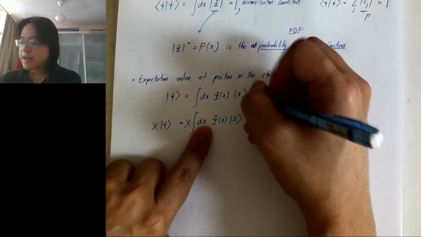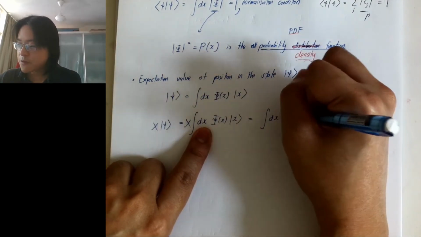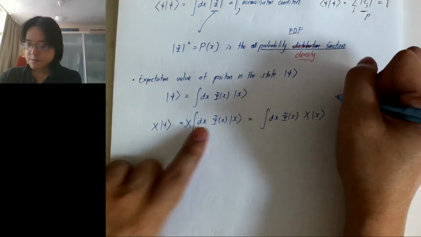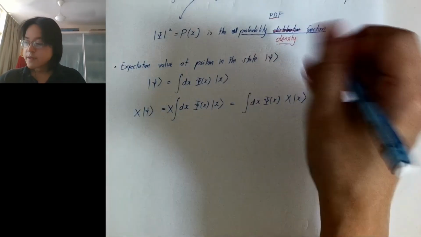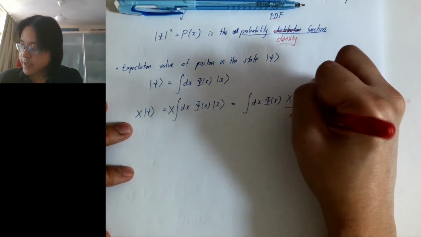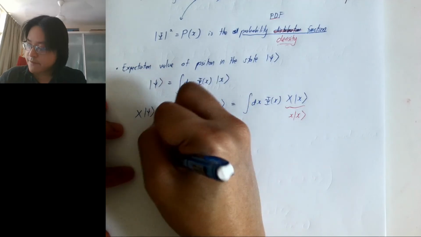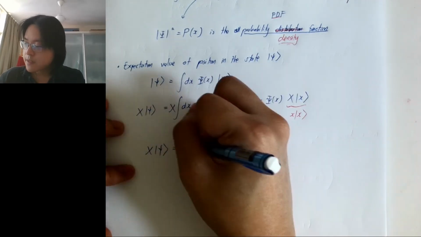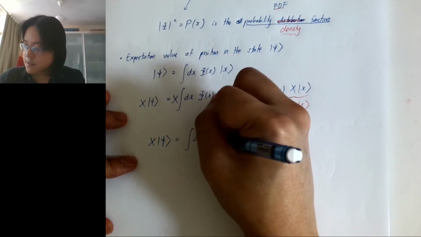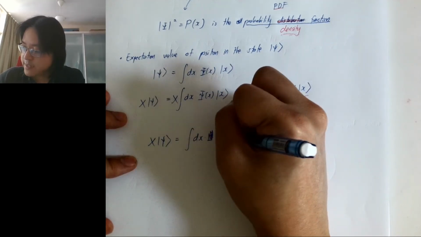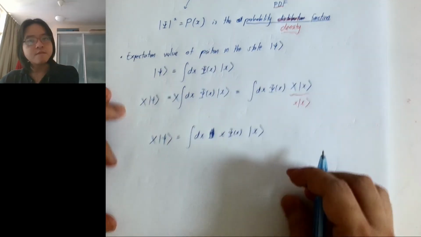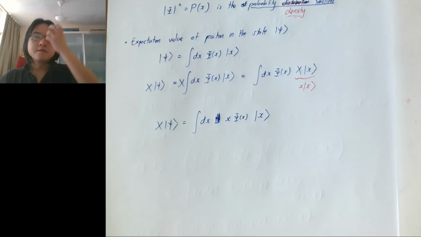All these are scalar functions, you can ignore it and shift it away, and then it is x operating on ket x. And x operating on ket x is equal to x times ket x. So what we have here is the integral with respect to dx of small x times the function of x, and then the ket x.